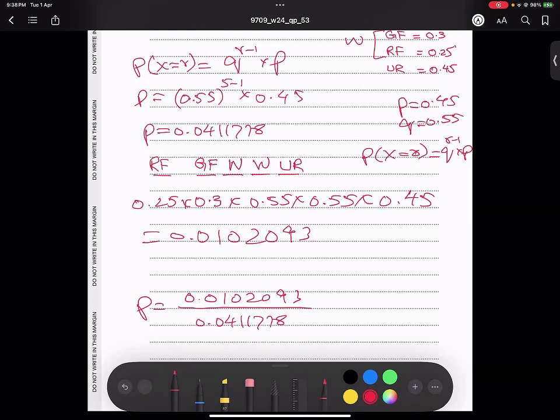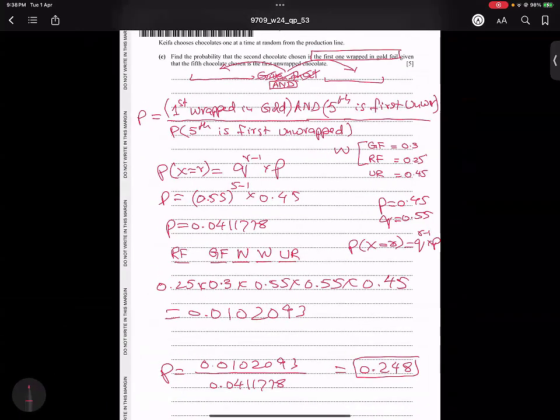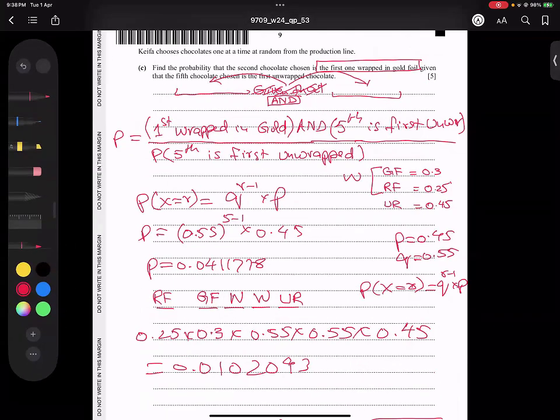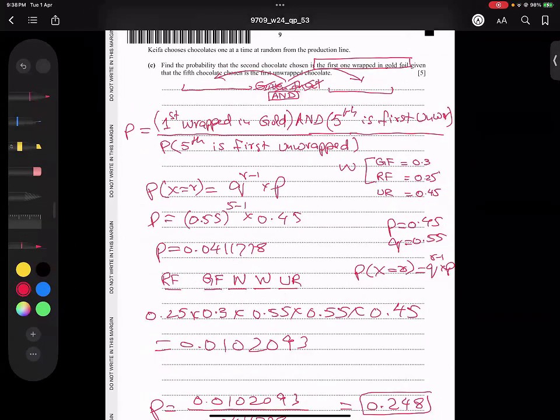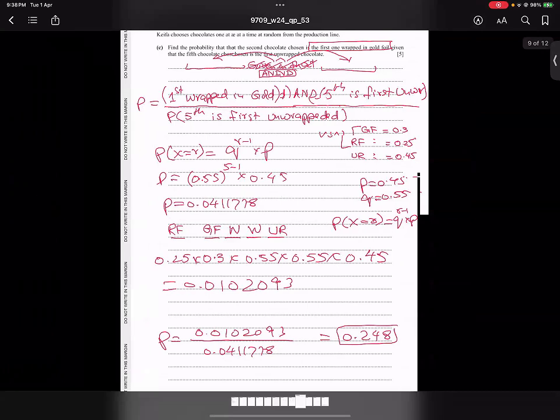And my answer finally comes to 0.2479. I hope the point is very, very clear. This was a little tricky, because we have a geometrical probability plus a not-given, so conditional probability is playing a role here. So let's go for the next question.